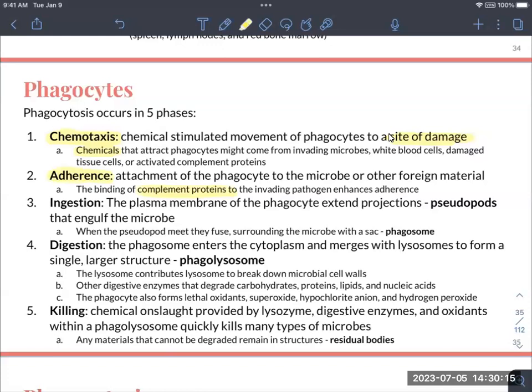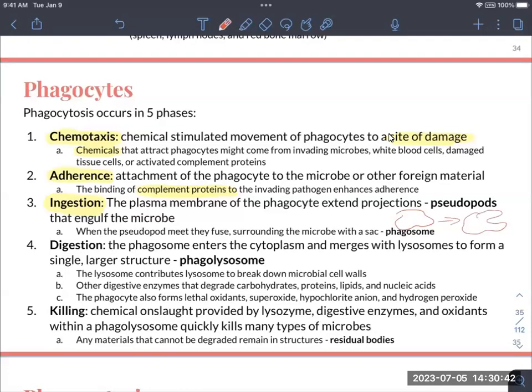Then that ingestion. The plasma membrane of that phagocytic cell projects out, and it causes what is known as pseudopods to come in. So we have this macrophage. This macrophage is going to come out and wrap around.